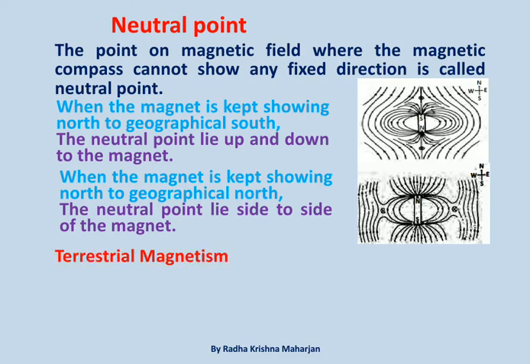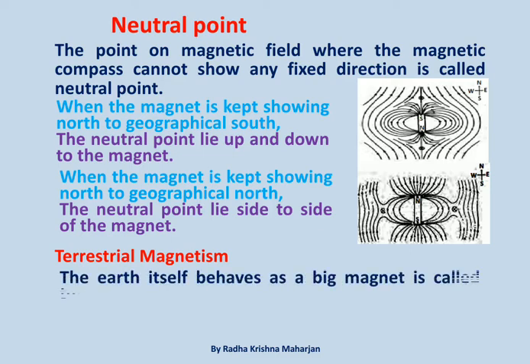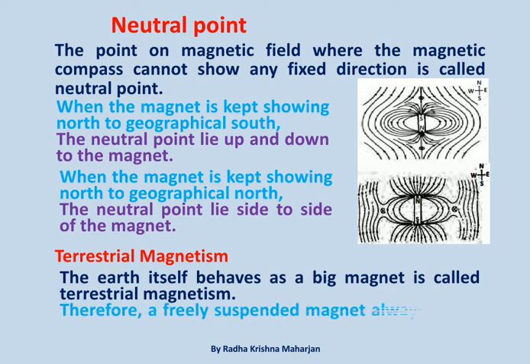Terrestrial magnetism. The earth itself behaves as a big magnet, which is called terrestrial magnetism. Therefore, a freely suspended magnet always shows north and south direction.